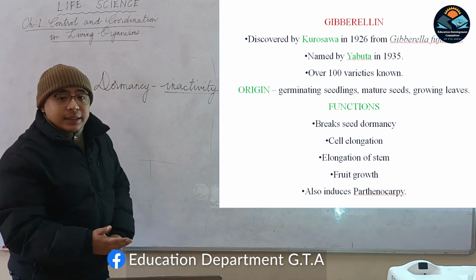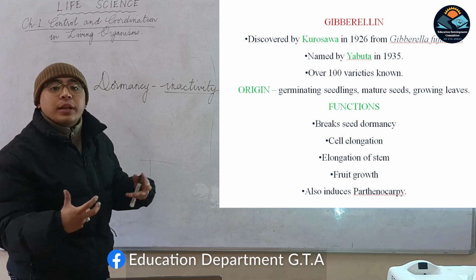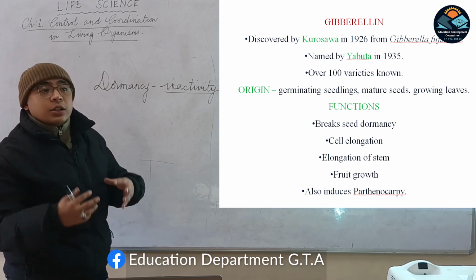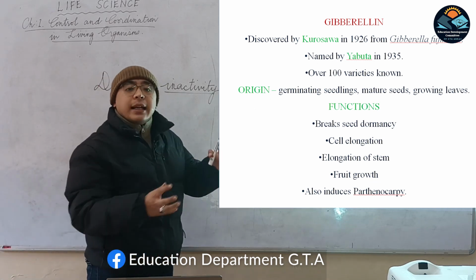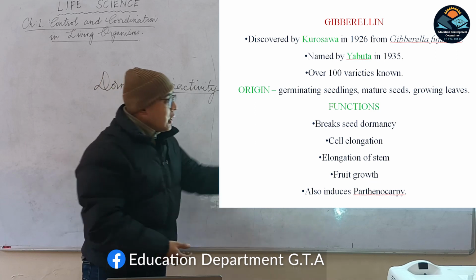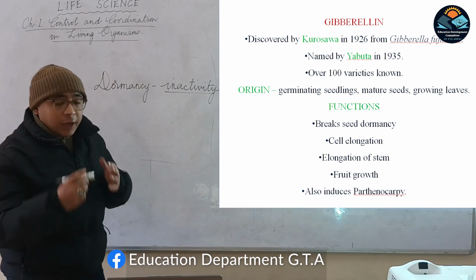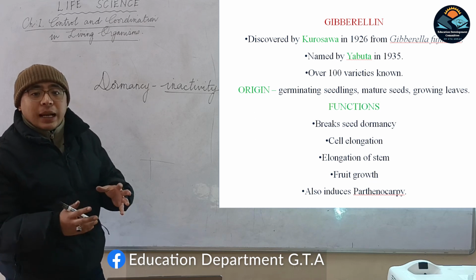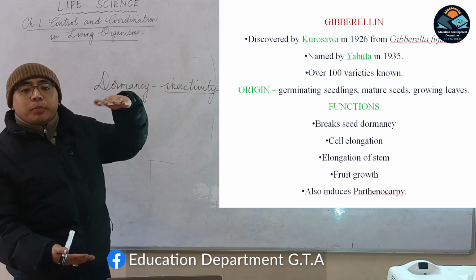Now, after breaking seed dormancy, it also affects cell division, which leads to the growth and germination of the seed. But here, the newly divided cells become longer, they elongate, their length increases. So, cell elongation is also affected by gibberellins. If individual cells of the plant become longer, eventually the whole stem of the plant will become longer.